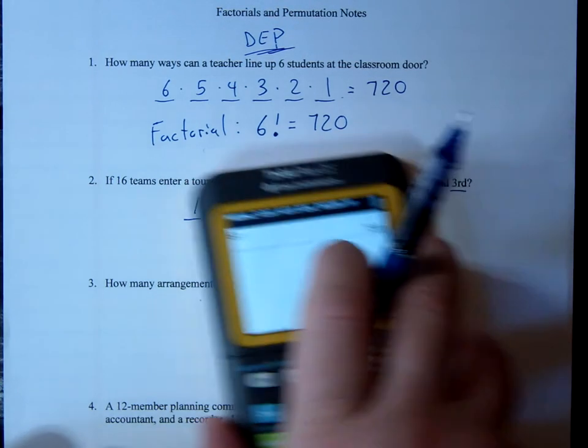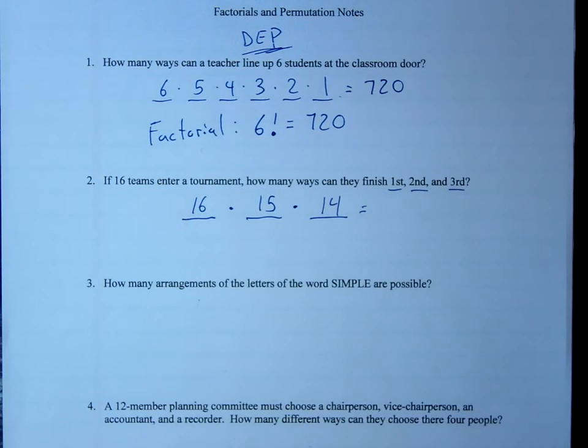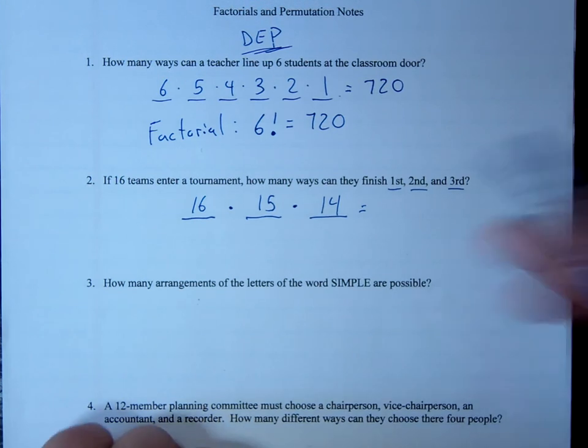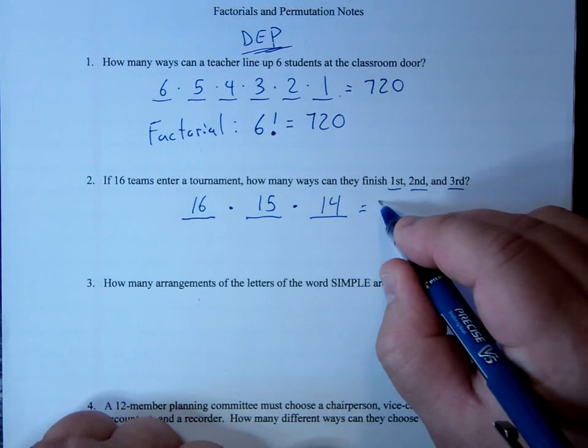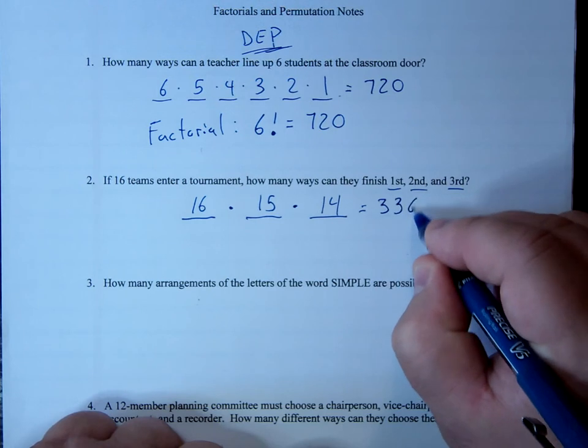And that would be 16 times 15 times 14, which is 3,360.